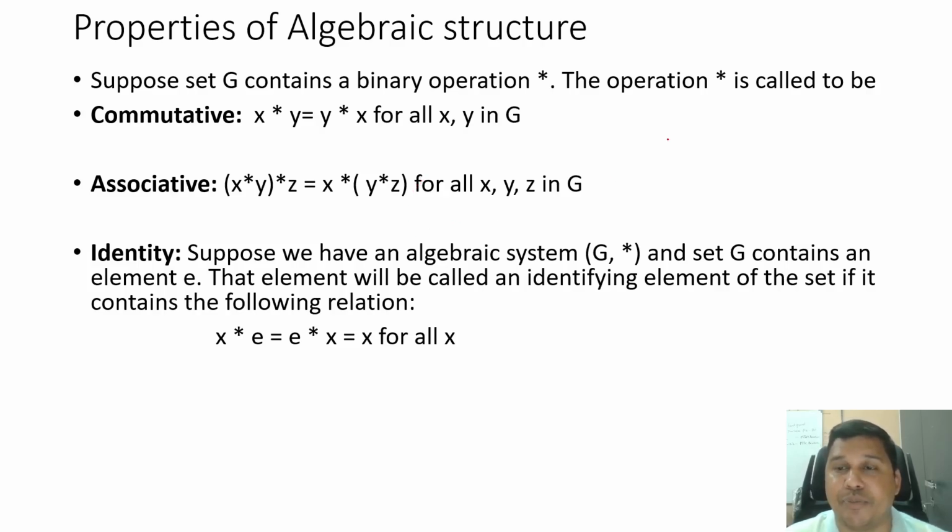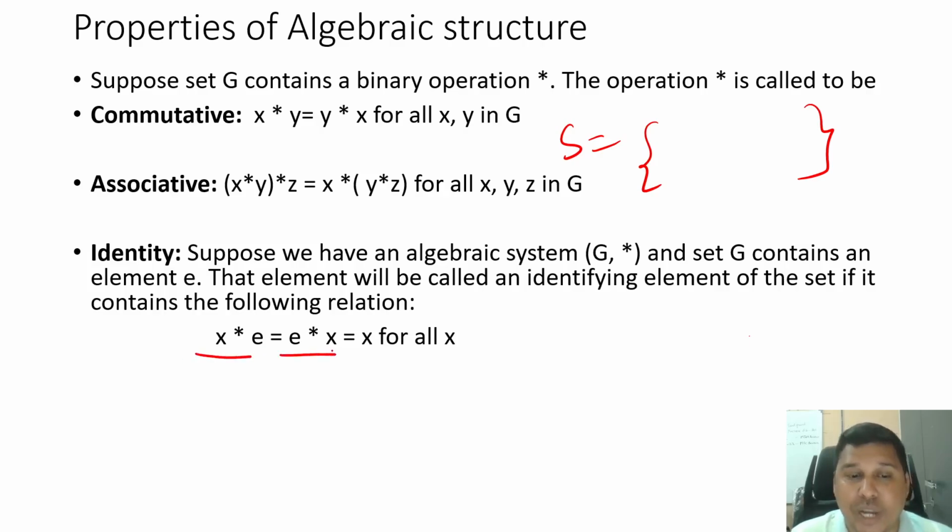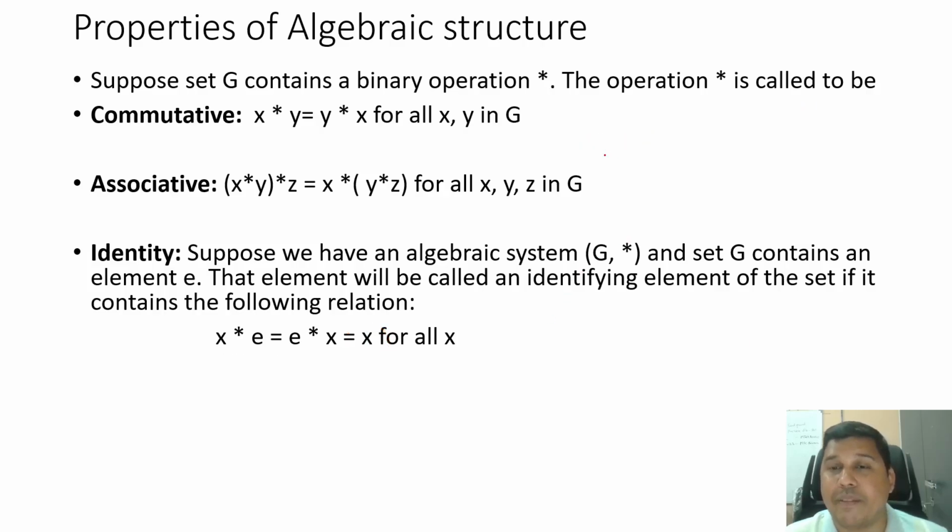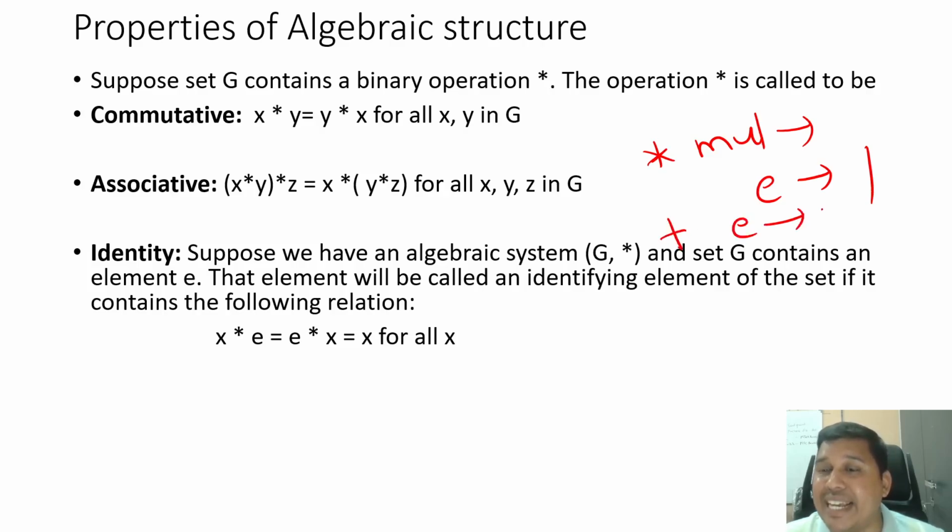If you take any element x from the set S, and there is a unique element E for which x into E or E into x yields x. For multiplication the element E is 1. For addition the element E is 0. These are fixed standards.